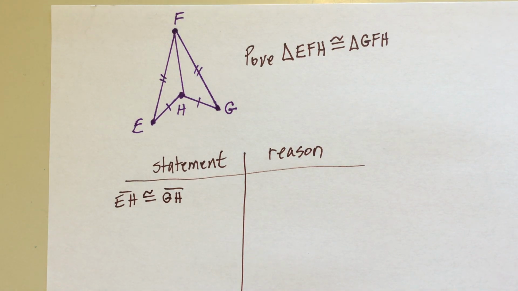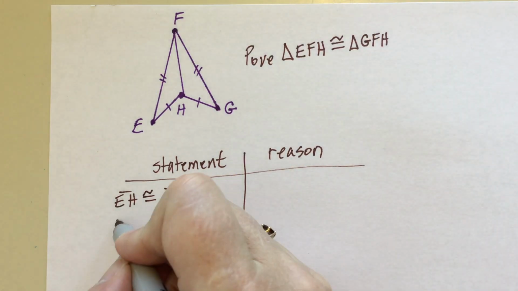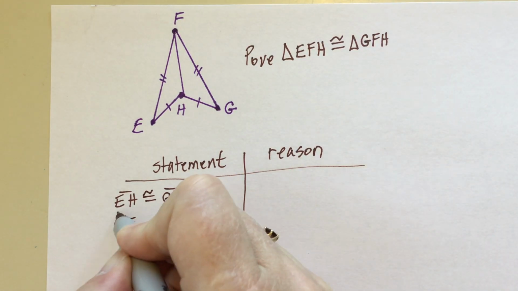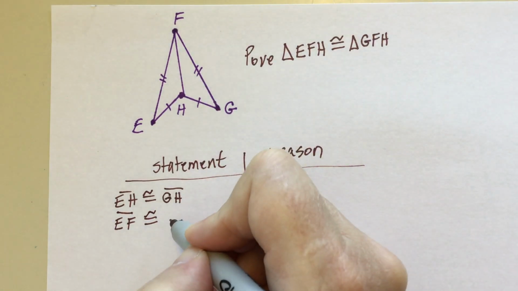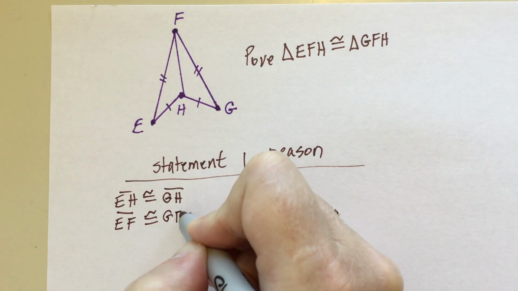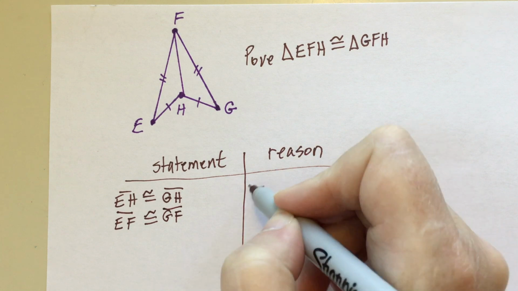See the little mark? I also know that EF is congruent to GF also because they're marked that way. I'm just going to write that over here.